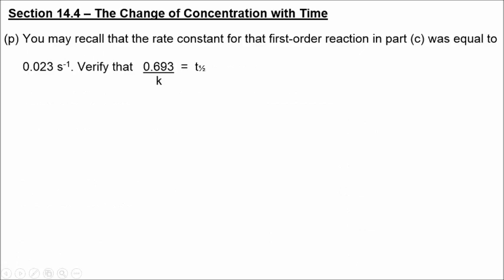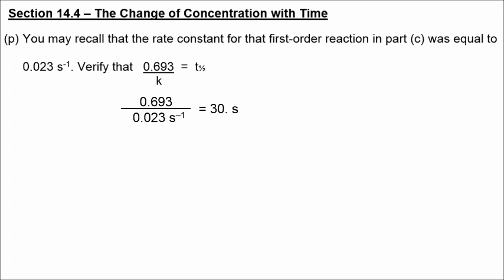So we have the equation 0.693 divided by k equals the half-life. That's for first-order kinetics. Remember that the rate constant k was 0.023 inverse seconds. We got that from the graph earlier. If we solve for the half-life, look at that. We get 30 seconds, so that definitely makes sense.